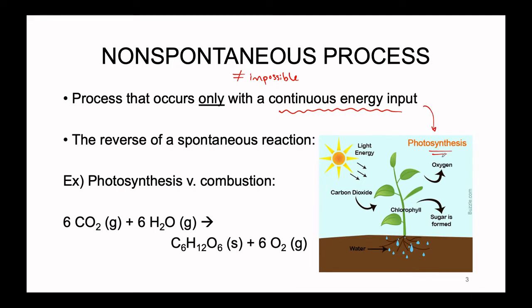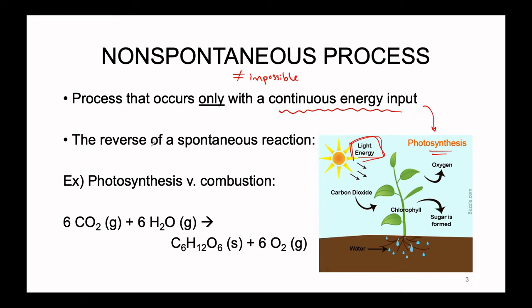For example, photosynthesis is an excellent example of a non-spontaneous process. Photosynthesis is a reaction that occurs in plants daily, so long as there is continuous light energy coming in from the sun. So a non-spontaneous process is one that can freely occur, we just need to make sure that we have this continuous energy input.